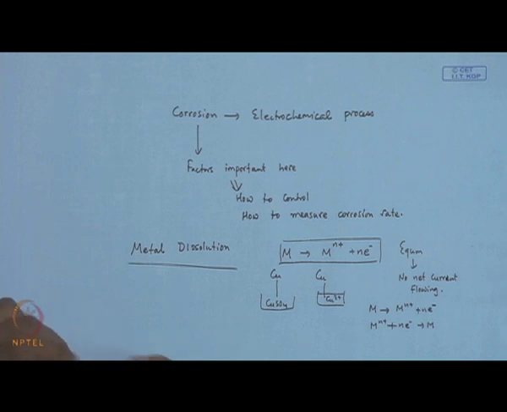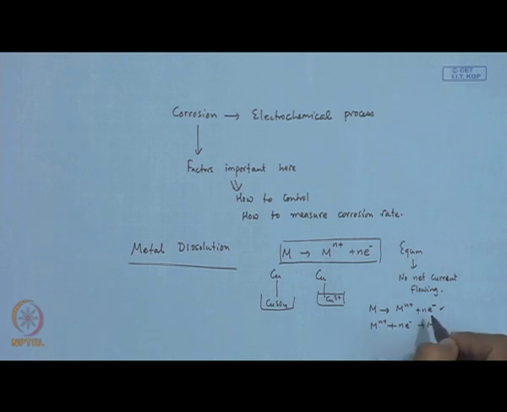So, there is no net current. The electrons produced in the reaction above combine with the Mn plus to give you M, and that is deposited onto the metal surface.